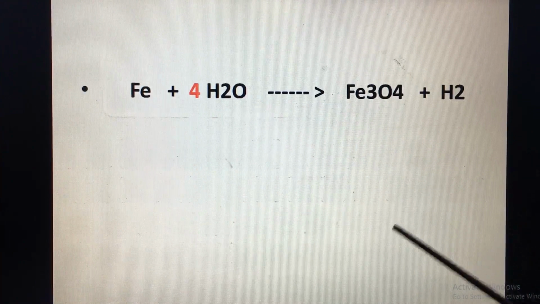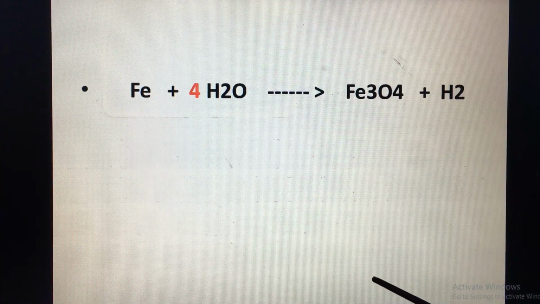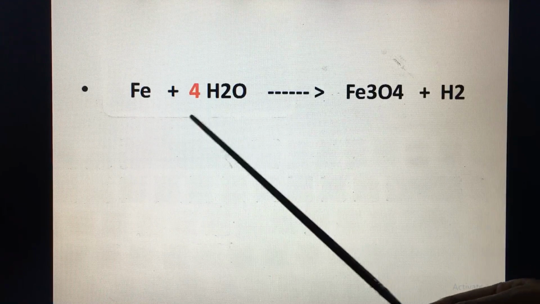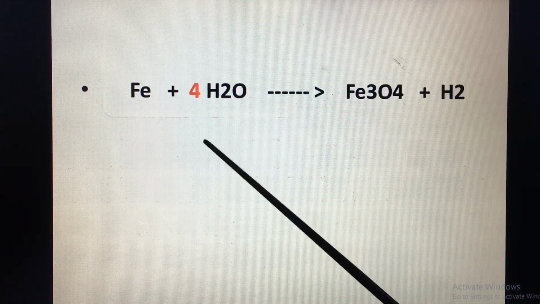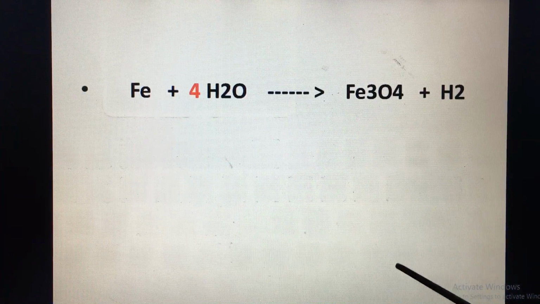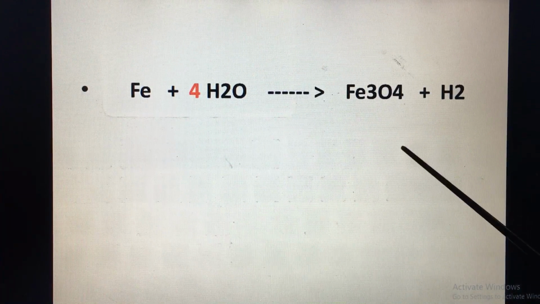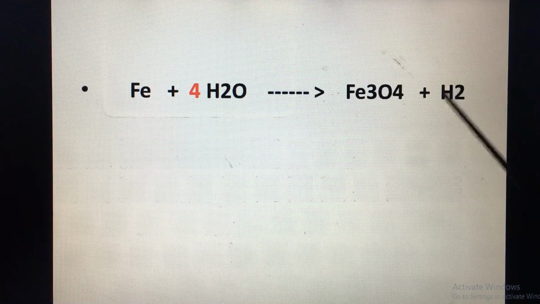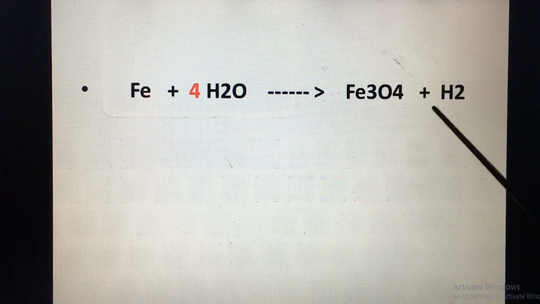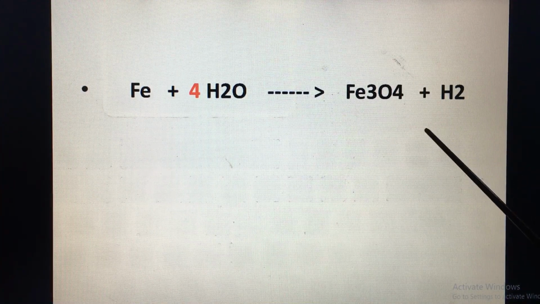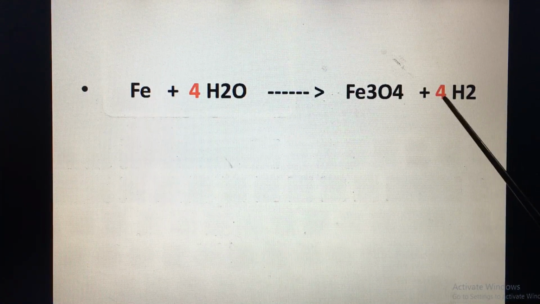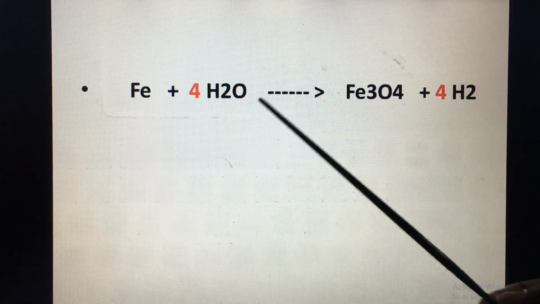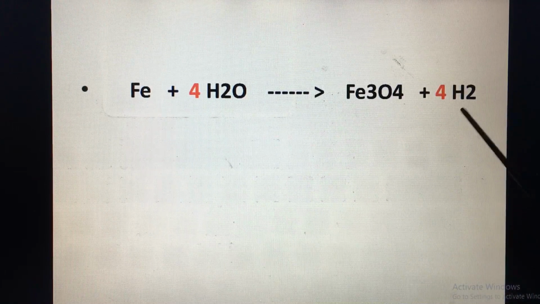How many hydrogen on the left side now? Here 4 into 2 is 8. So I need to multiply by 4 here. So now oxygen is balanced and hydrogen is also balanced.